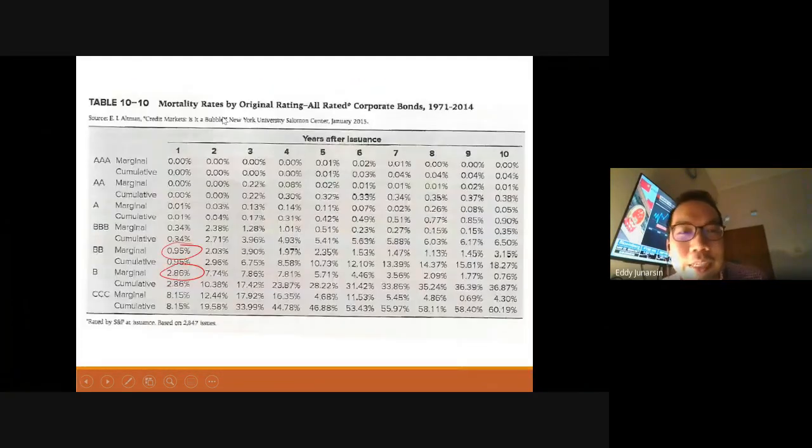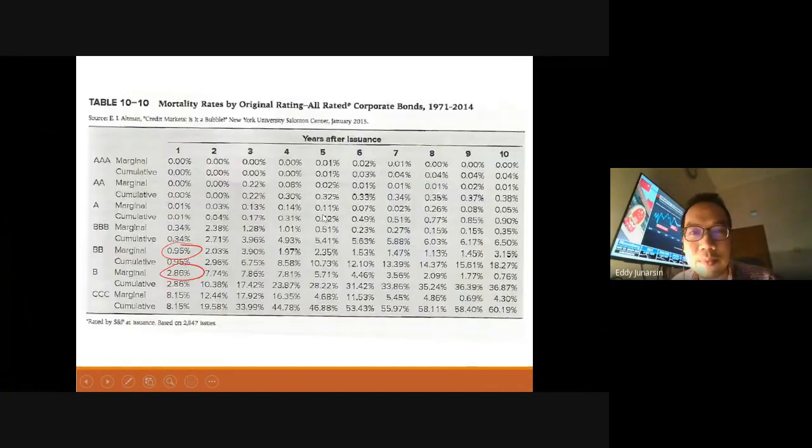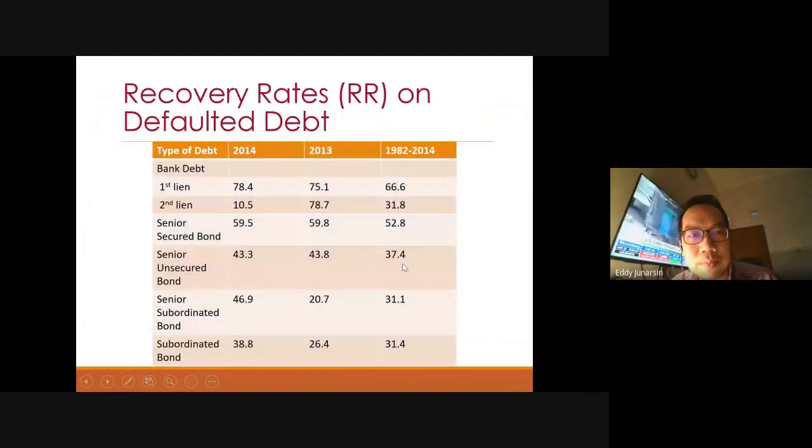Any question about the MMR, marginal mortality rate model? You could always renew the research, right, from time to time, checking the newest research outputs.